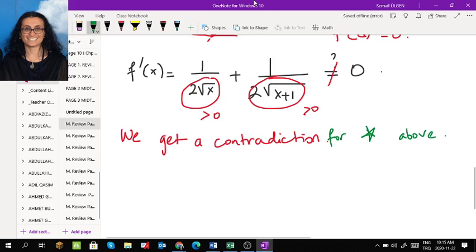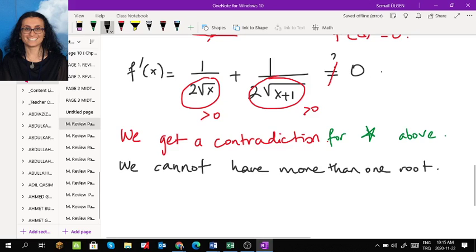Then this would mean for us that we cannot have more than 1 root. So we must have exactly 1 root. Okay, done.